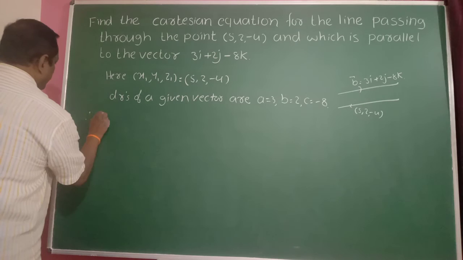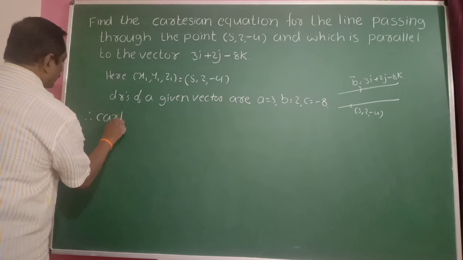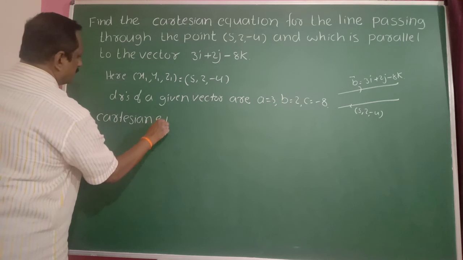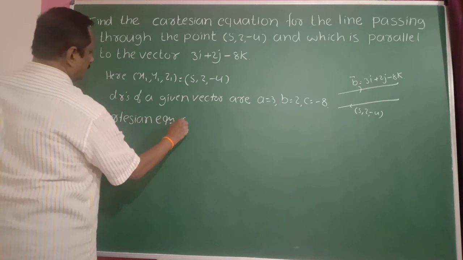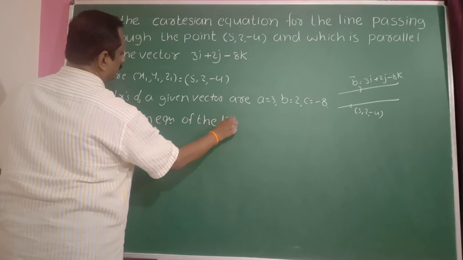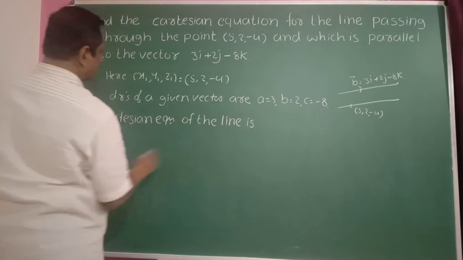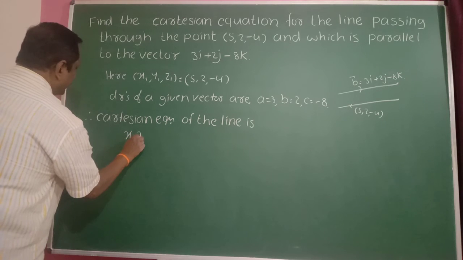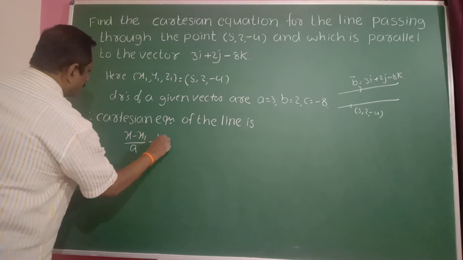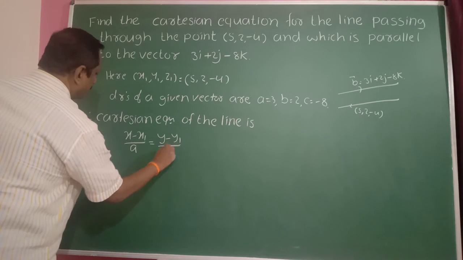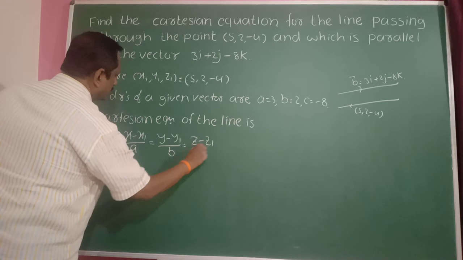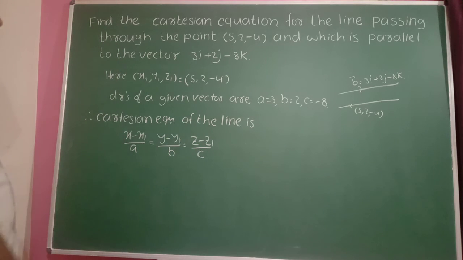Therefore, the Cartesian equation of the line is (x − x1)/a = (y − y1)/b = (z − z1)/c.